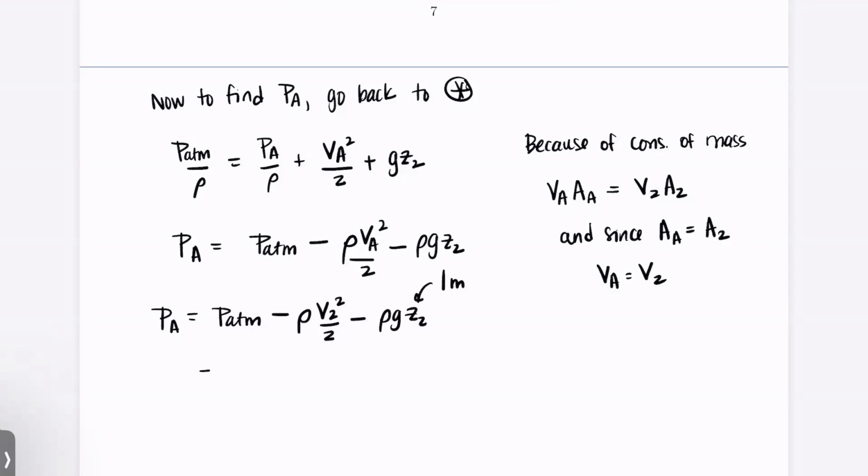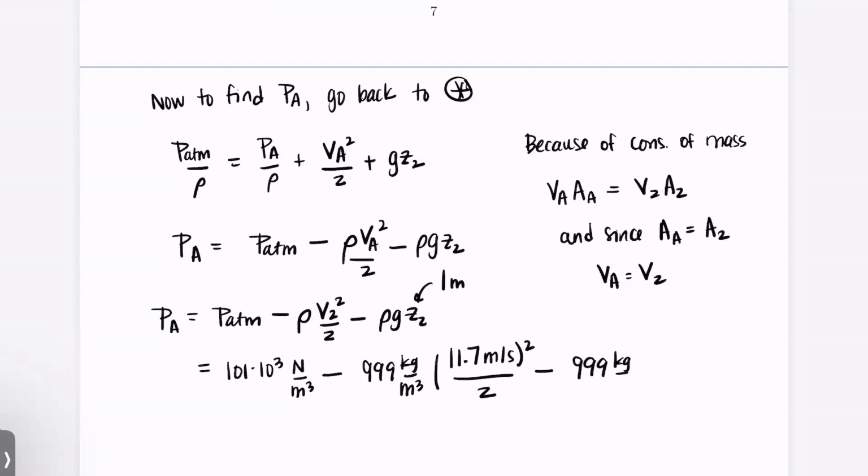All right, and when we plug in all the values that we have, we have 101 times 10 to the 3 newtons per meter squared, minus 999 kilograms per meter cubed, that's the density of water, times 11.7 meters per second, squared, divided by 2, minus 999 kilograms per meter cubed times 9.81 meters per second squared times 1 meter.